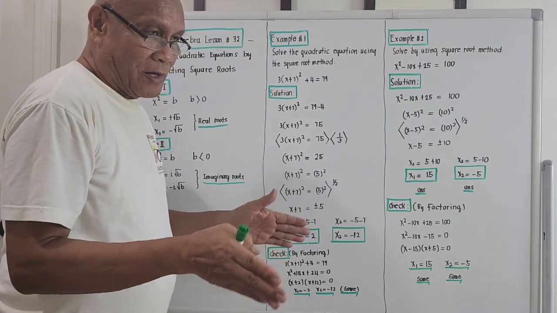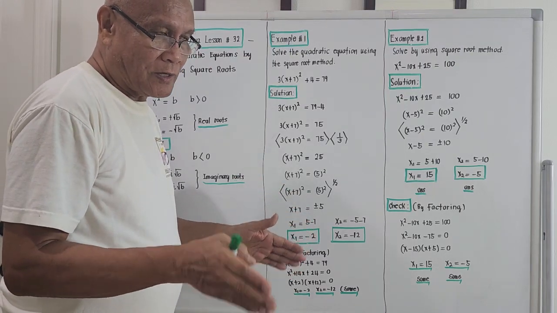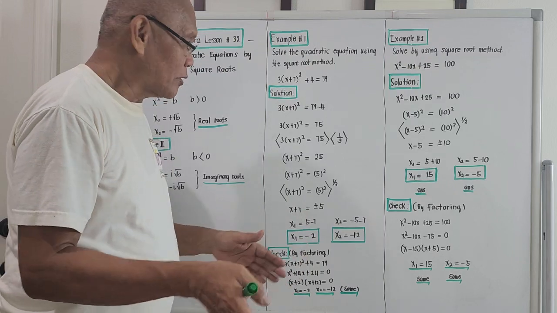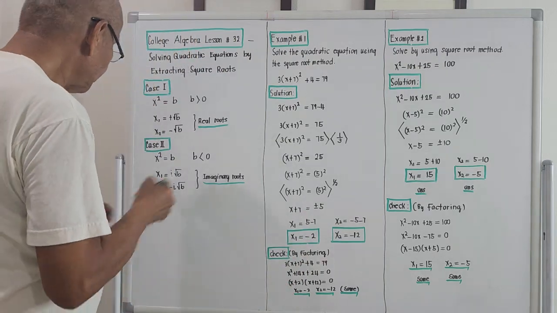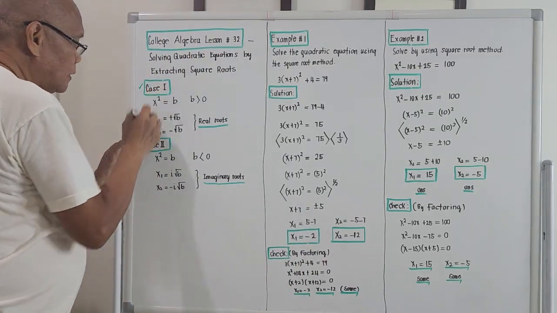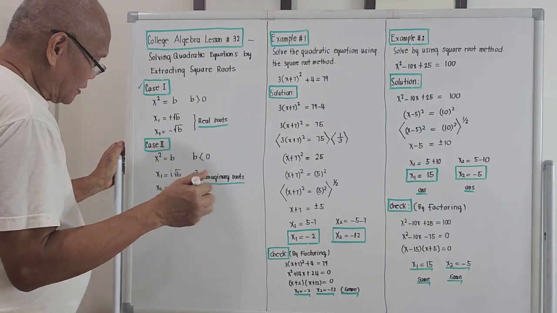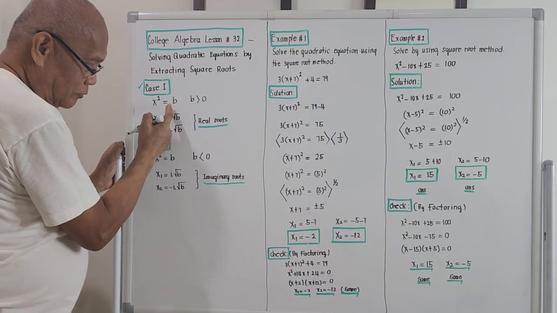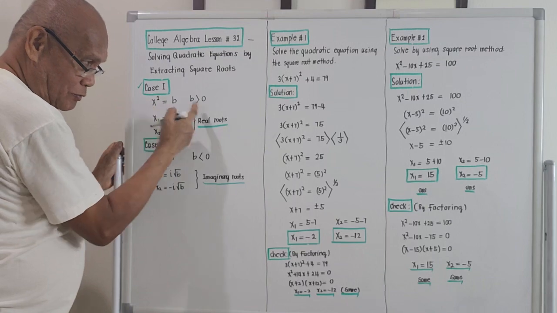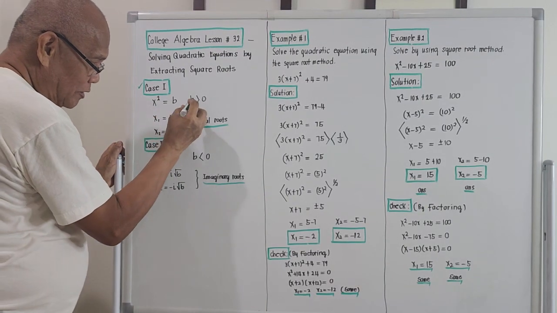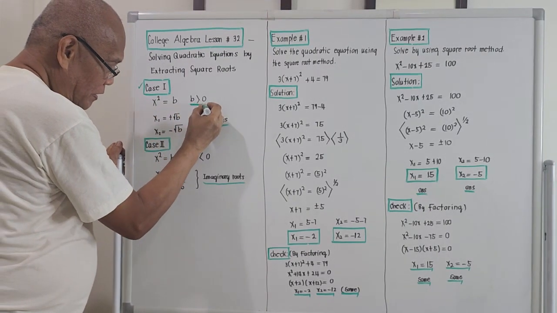Let's try to bring out the two possible cases on how to extract square roots. Case number 1: if what comes out is x squared is equal to b, this is a quadratic equation, with the given condition that b is greater than 0.